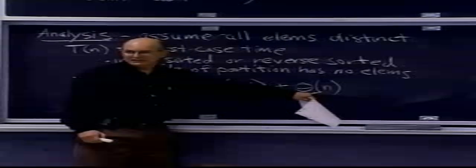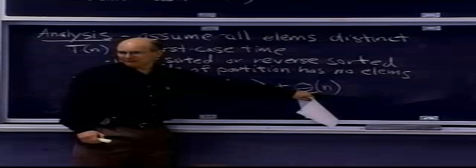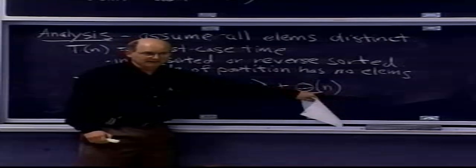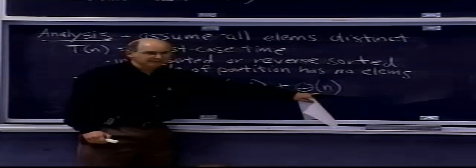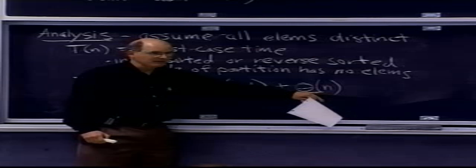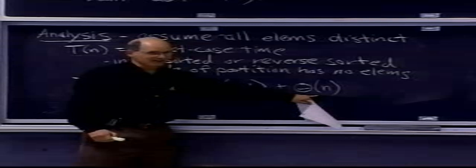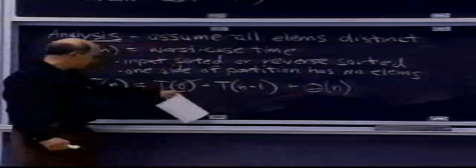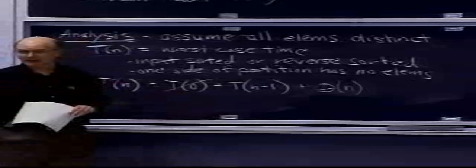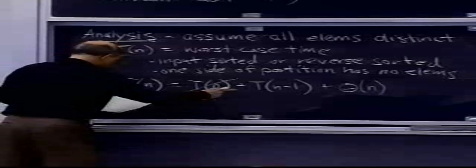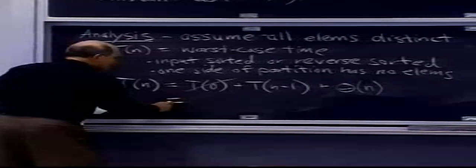In other words, it'll be a different function hidden over by the theta n. Remember, theta n is a set of functions. And there's some particular function that's there. Well, I'll pick a different particular function that bounds the original particular function plus whatever the T of 0 is, which is a constant amount additional. So this is basically absorbed into the theta n. And so T of n is T of n minus 1 plus theta n.